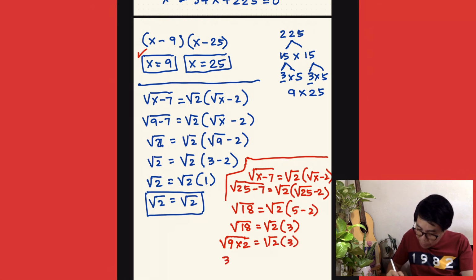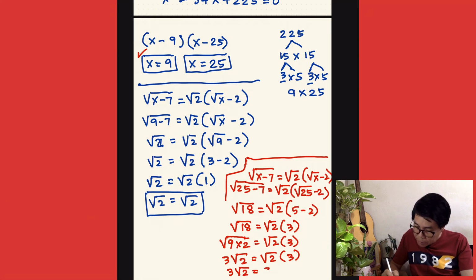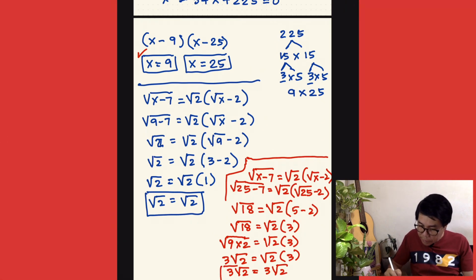The square root of 9 is 3, times square root of 2, equals square root of 2 times 3. So 3 times square root of 2 is equal to 3 square root of 2.